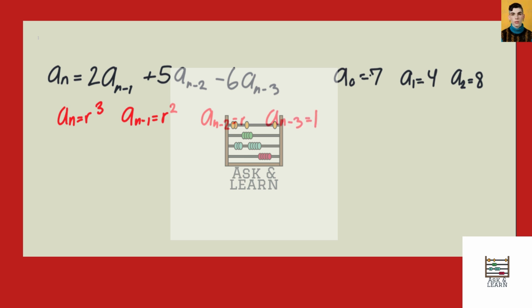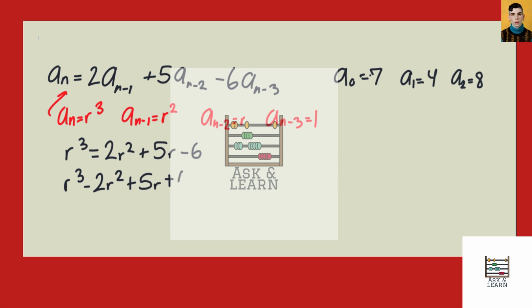So we make these substitutions into the given equation, and we end up with r cubed is equal to 2r squared plus 5r minus 6. So we can rewrite this so everything's on one side, and that gives us r cubed minus 2r squared minus 5r plus 6 is equal to 0.